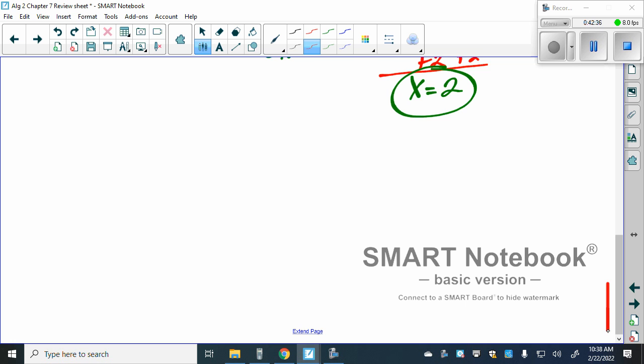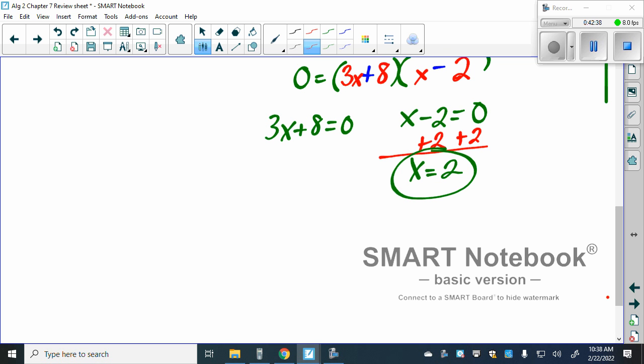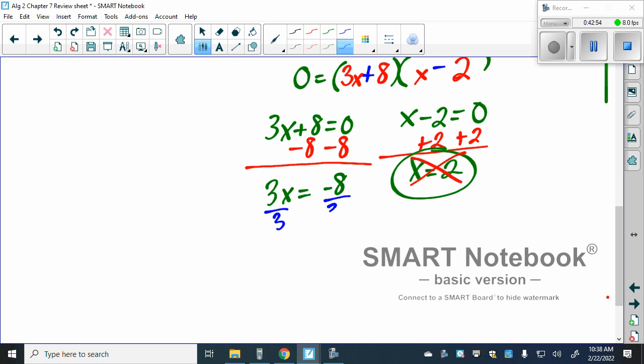So that means, since x equals 2 is a restriction, we would cancel it out. Let me finish this here, and then y'all can head out. We would subtract 8 from both sides, telling us 3x equals negative 8. Divide by 3, x is negative 8/3.